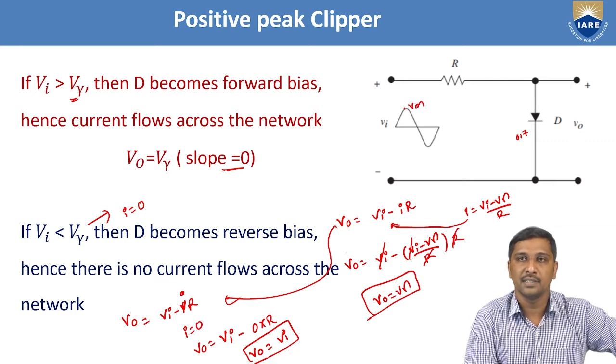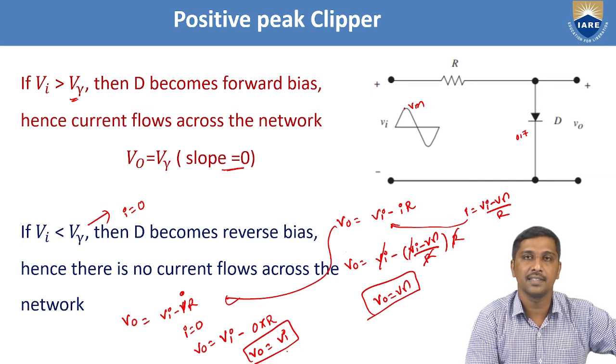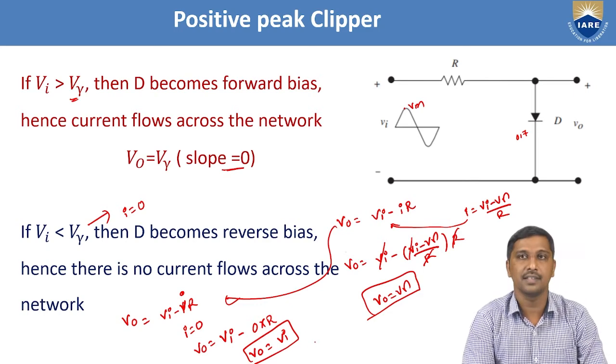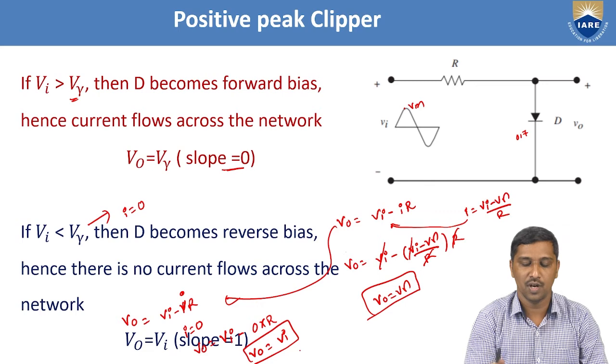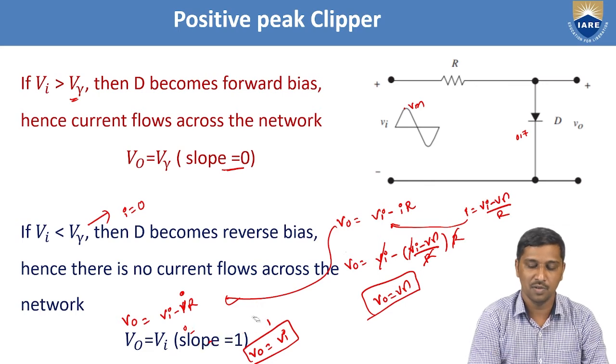The output voltage is directly proportional to the applied input signal. This input signal changes linearly with respect to time, so the output also changes linearly with respect to time. That is the reason the slope is represented as 1 here.